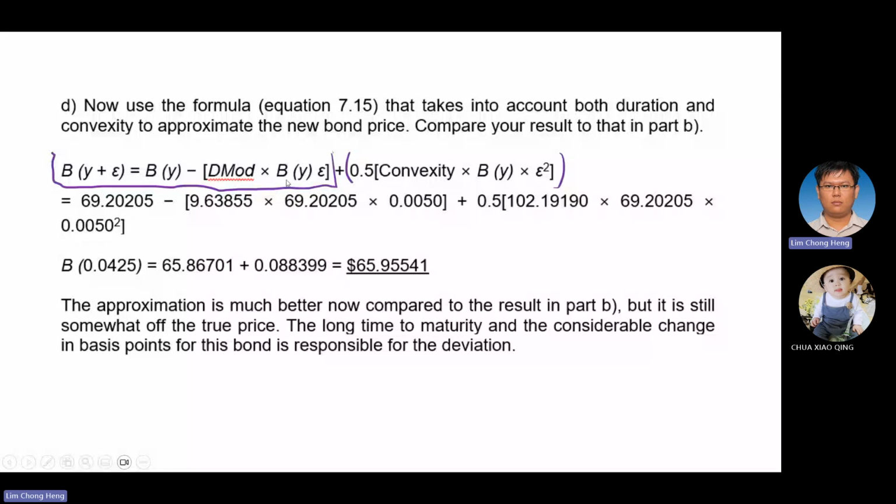We need to add back the convexity here. So 0.5 times the convexity multiplied with the original share price, and then the change in interest rate to the power of 2. So now you get the new bond price.